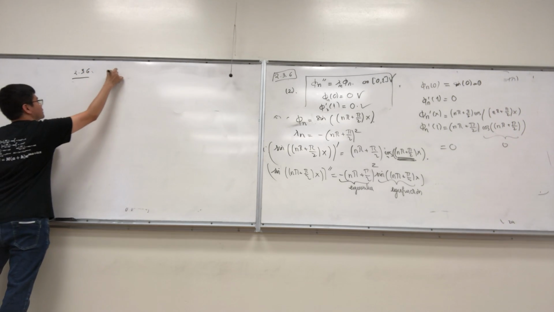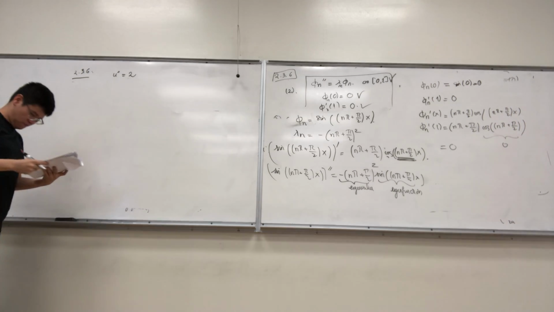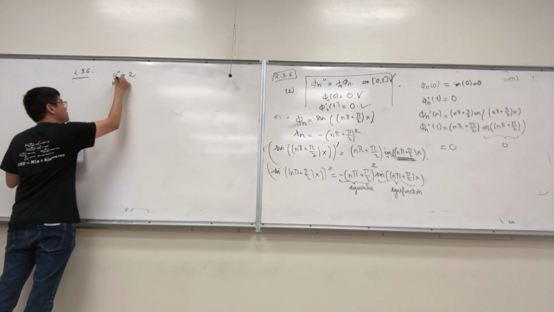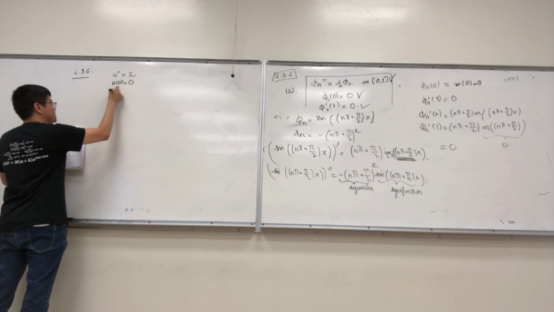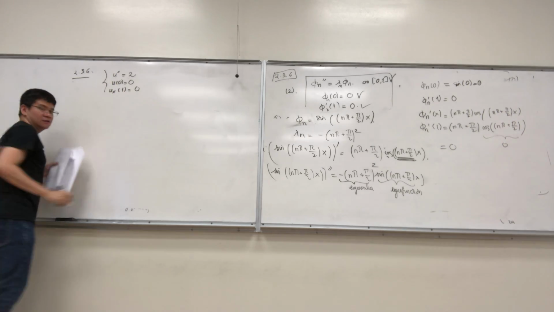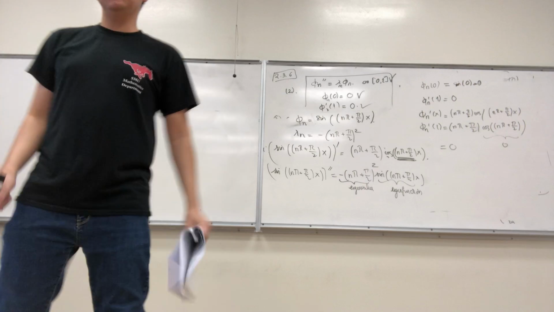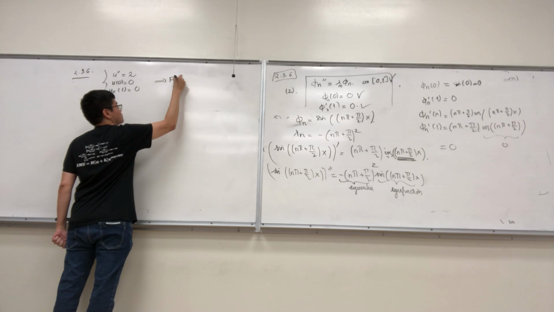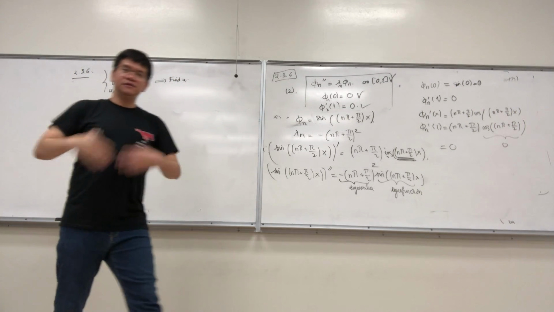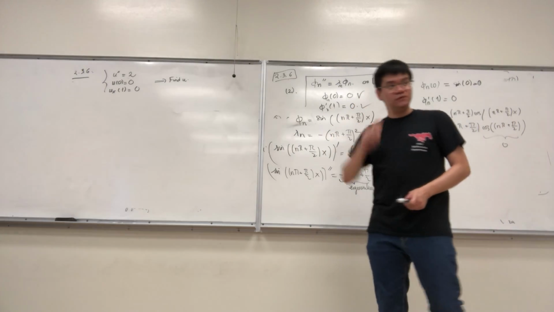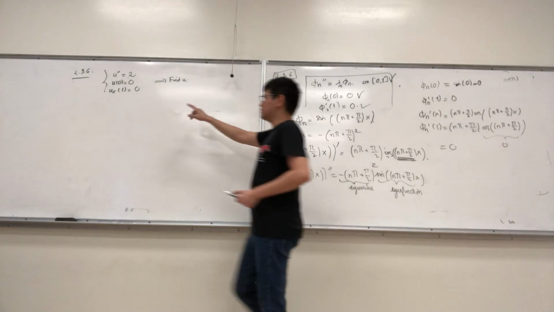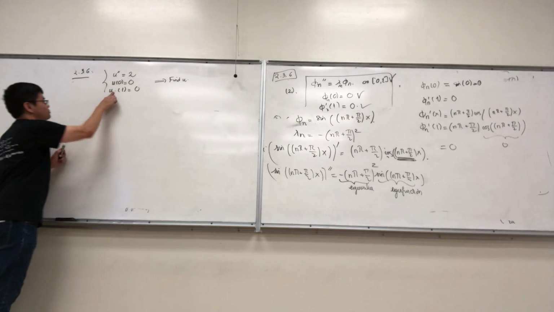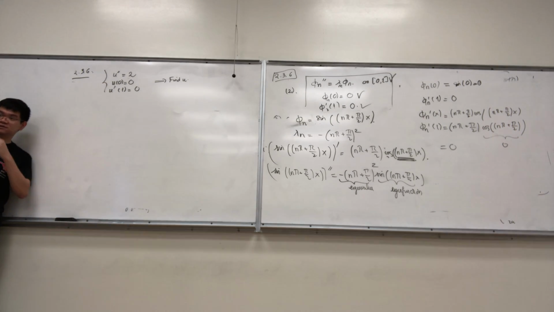You want to solve u second is equal to 2, and u of 0 is 0, u x of 1 is 0. This is the PDE that you want to solve, right? Find u. In this case, you want to solve the equation u second is equal to 2, and we know in advance that u at 0 has to be 0, and u prime at 1 has to be 0. All right?